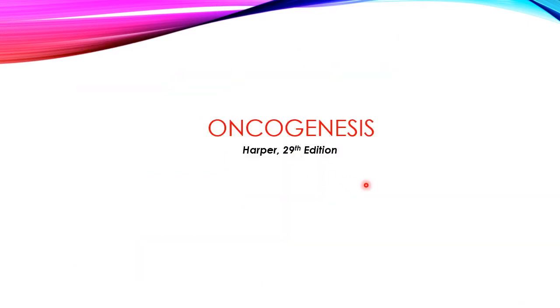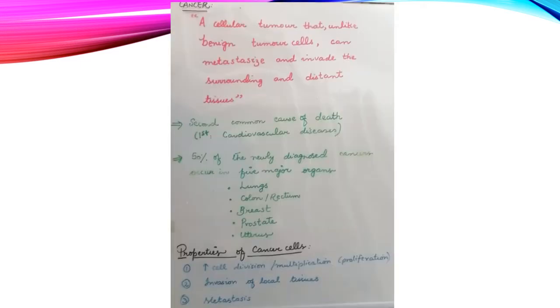Okay, the second part of today's lecture and the last part of this whole topic is oncogenesis, that is the development of cancer. You can do it from Harper, 29th edition, chapter number 55. Cancer is basically uncontrolled growth of cells, and these cells are capable of metastasizing and invading, that they can spread to the surrounding tissues and even distant tissues.